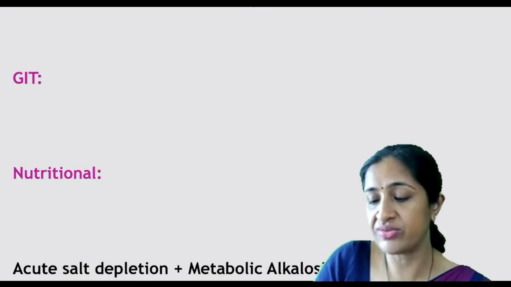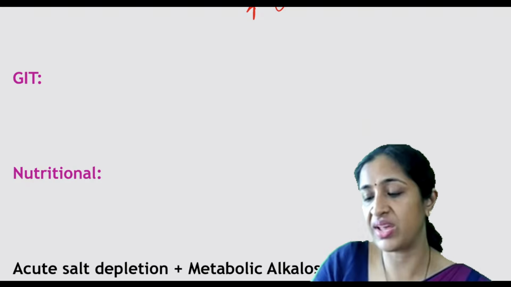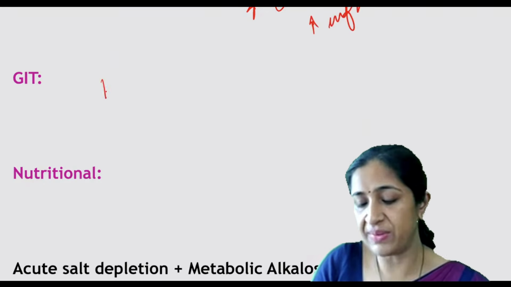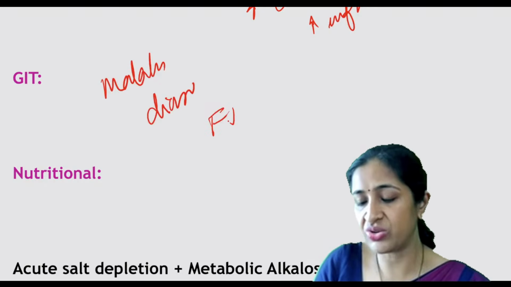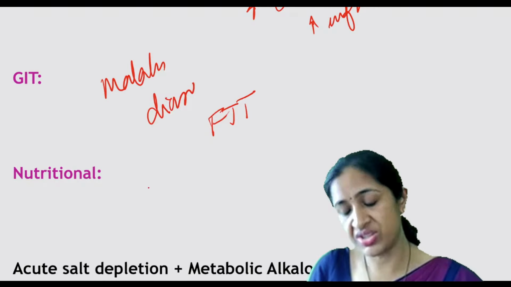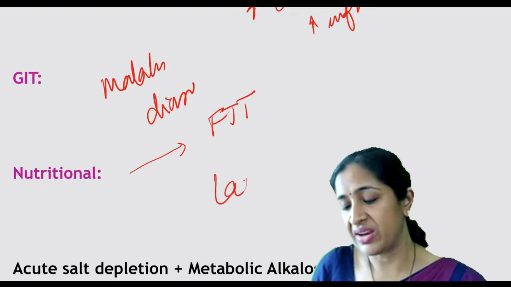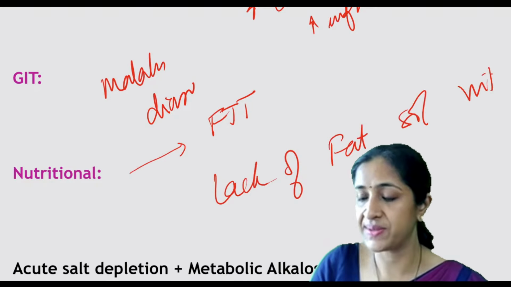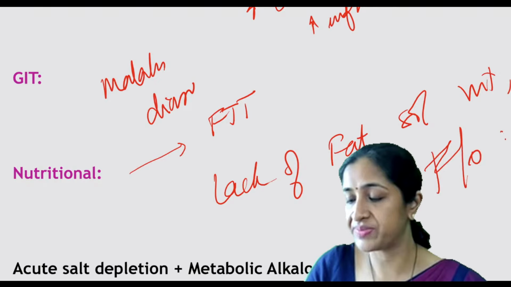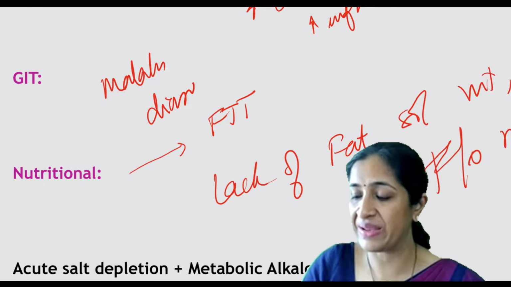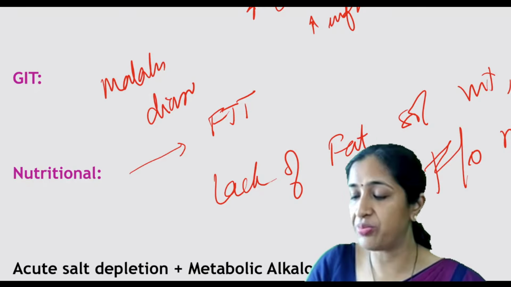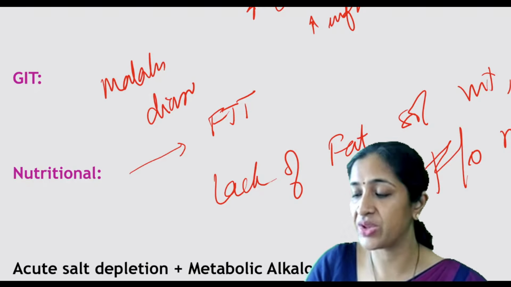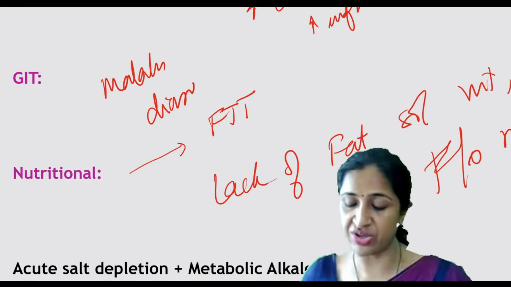All of this will carry a risk of UTI, risk of infections, GIT malabsorption features, diarrhea, failure to thrive, and lack of especially fat-soluble vitamins. There are features of malnutrition like marasmus with a pot-belly appearance, because vitamin D deficiency causes that visceroptosis.